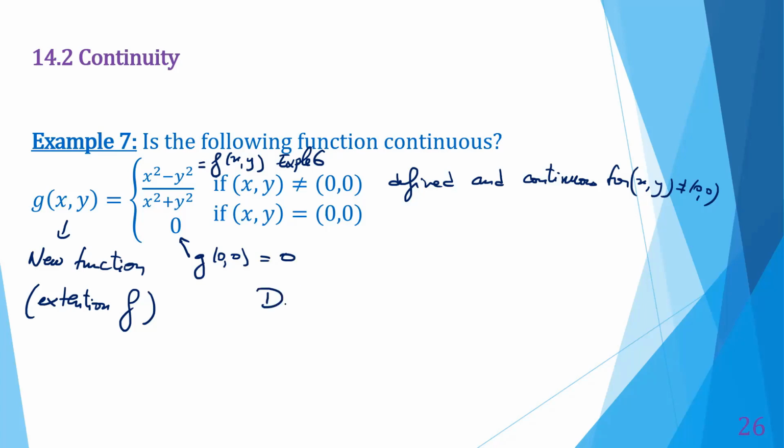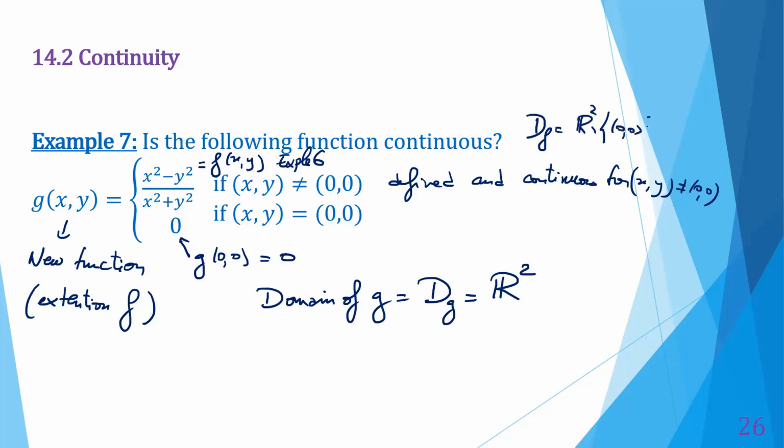So now the domain of g is all of R2. Okay, the domain of f is R2 except 0, 0. We solved the problem of 0, 0 in that we extended the function f, defining a new function g by giving a value of this function at 0, 0.